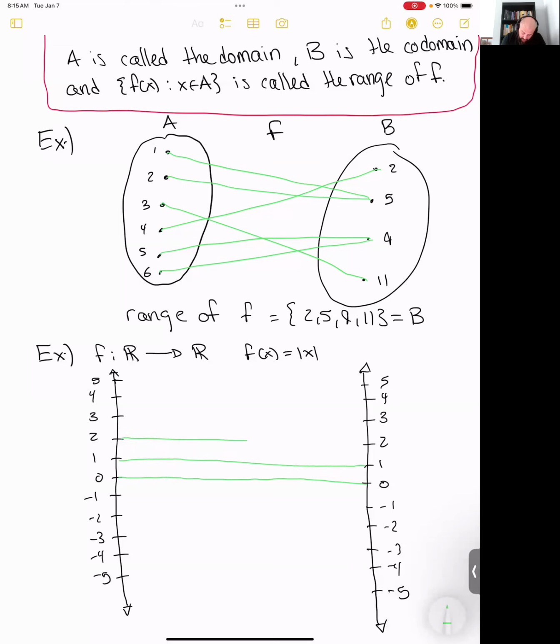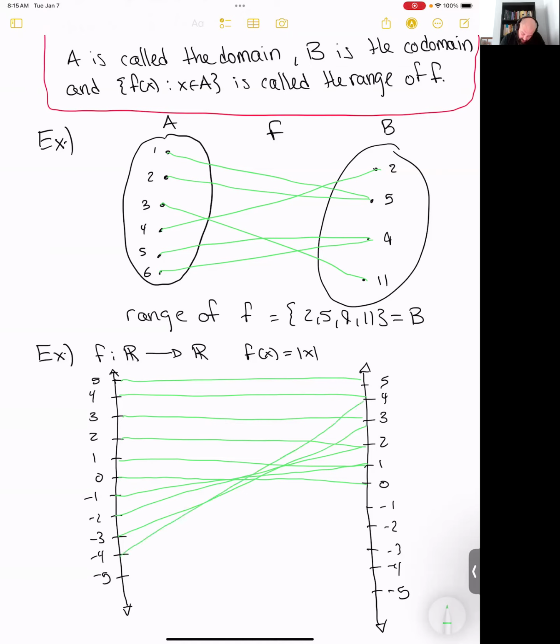The positive part is kind of boring, right? And notice I can't draw these lines for every single real number. It would ruin the picture. So I'm only going to do it for the integers, even though it's defined for every real number, just to get the idea. And -1 will be sent to 1, -2 sent to 2, -3 sent to 3, -4 sent to 4, and -5 sent to 5.